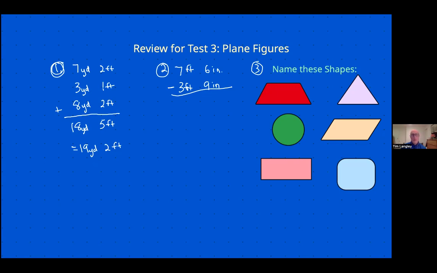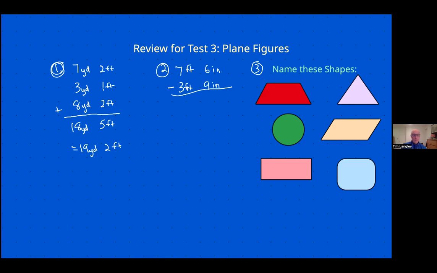If you remember, there are 3 feet in a yard, and I've got 5 feet here, so three goes into it one time. If I add 18 plus that one, I get 19 yards. Three goes into 5 one time, and there are two left over. So it's 19 yards and 2 feet, which would be my total answer.